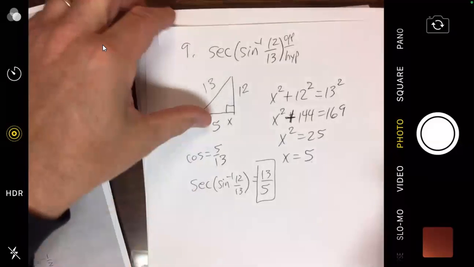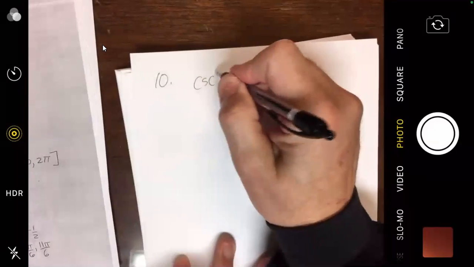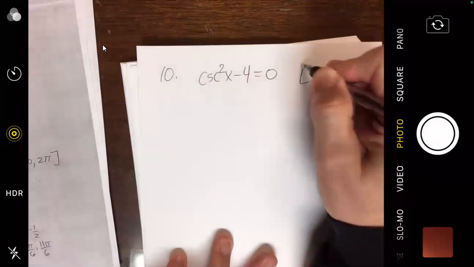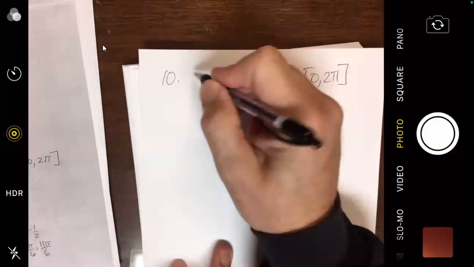Okay, 10. Secant squared of x minus 4 equals 0. We can solve it on 0 to 2 pi. Solve.